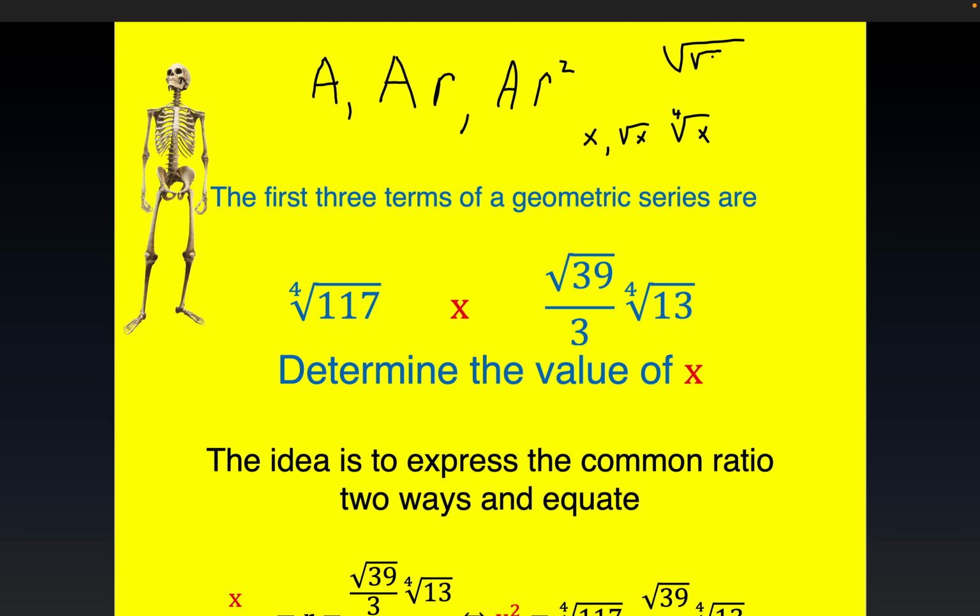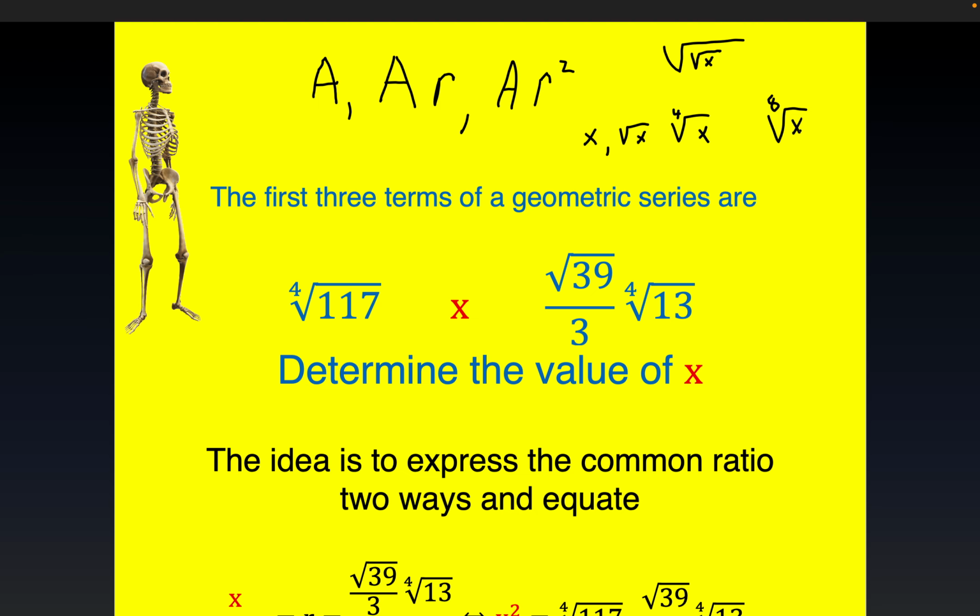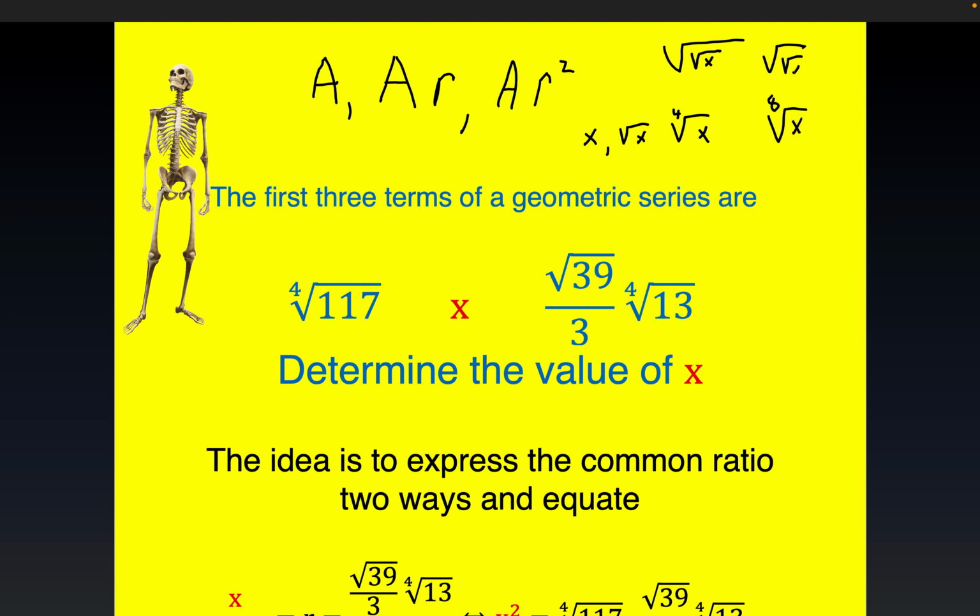I think there are quite a few people that don't like this notation. They'd rather just call this x to the 1/4. But I did it this way, where I nest the radicals, and then the eighth root of x is, of course, the square root of the fourth root of x, like this.